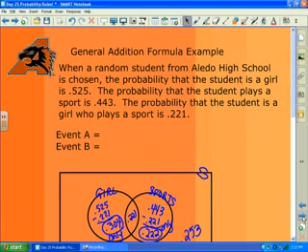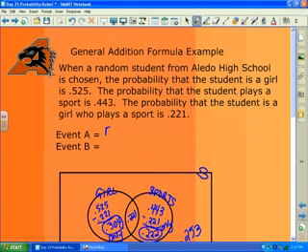When a random student from Aledo High School is chosen, the probability that the student is a girl is 0.525. The probability that the student plays a sport is 0.443. The probability that the student is a girl who plays a sport is 0.221. Okay, so what would event A be? Well, that would, I guess, be the girls.